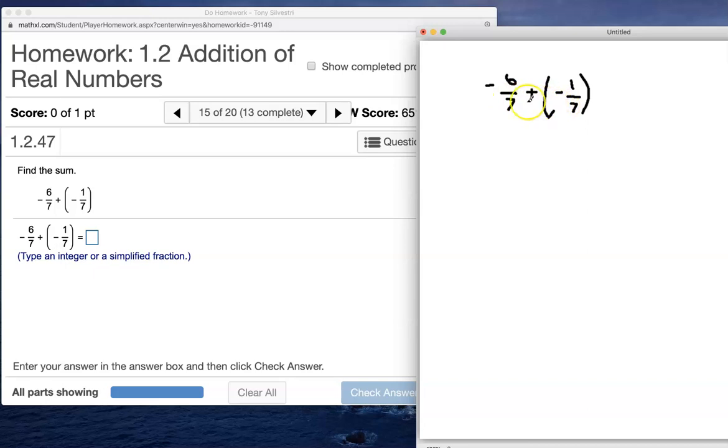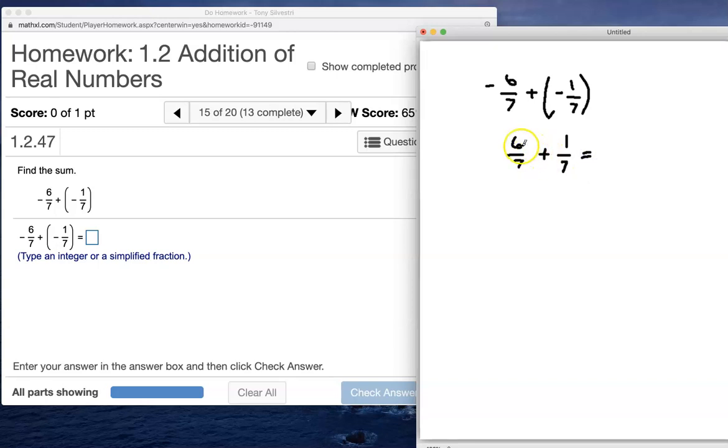Well, you still got two negative numbers here, right? Two negative numbers, you take their absolute values. Here's the absolute value of the first one, absolute value of the second one. You're going to add them together, right? See, the technique doesn't change if you have fractions, decimals, or whole numbers. It's the same technique. I have the same signs that I'm adding, so I take their absolute values and add them together.